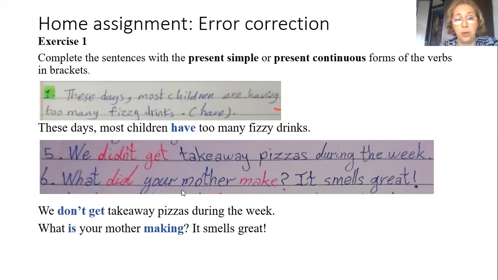And instead of what did your mother make, it smells great: if you would like to express the idea that your mother has done something, it should be perfect, not past simple. But here we should use the present tense, what is your mother making? It smells great. This is the process of making something, a cake, for example. It should be present continuous.